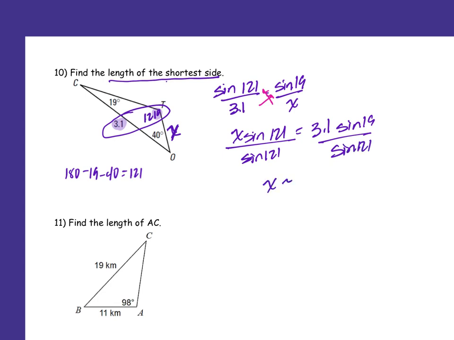And x is approximately going to be equal to 3.1 sine of 19 divided by sine of 121. So that should be equal to 1.2. That's it, 1.2. Okay?